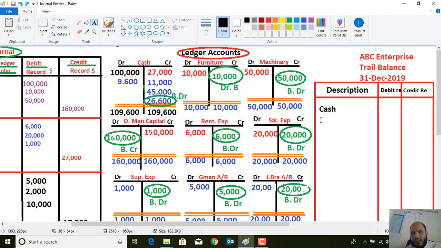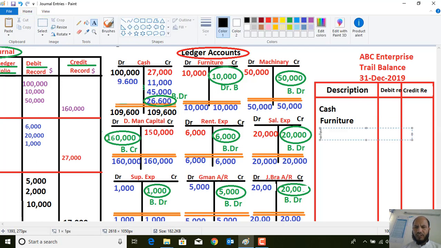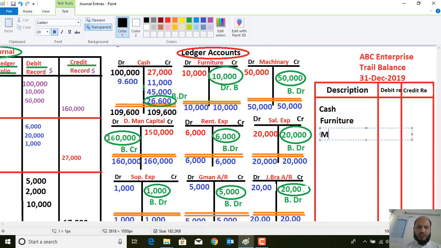So we have already recorded the cash account. Now we will record the furniture account, and then another account by the name of machinery, and then another account by the name of Dead man capital.